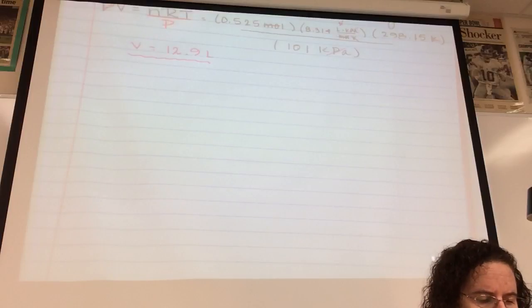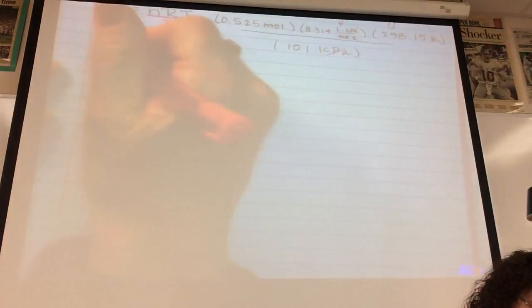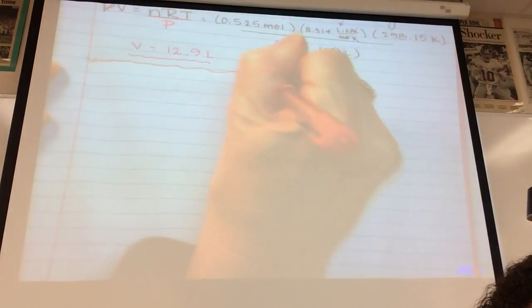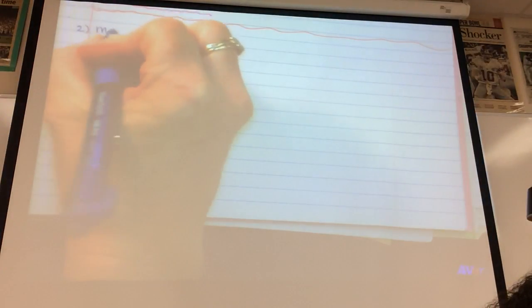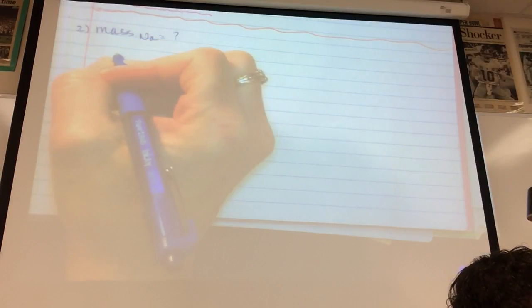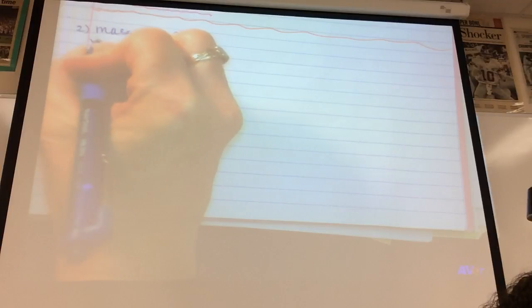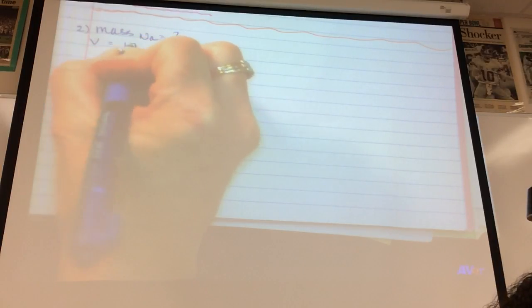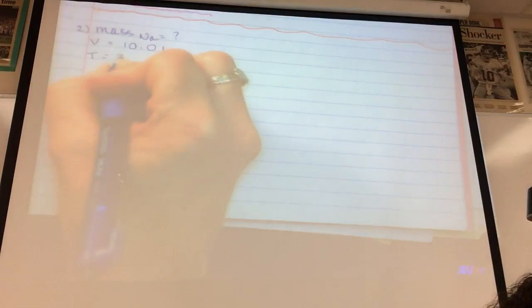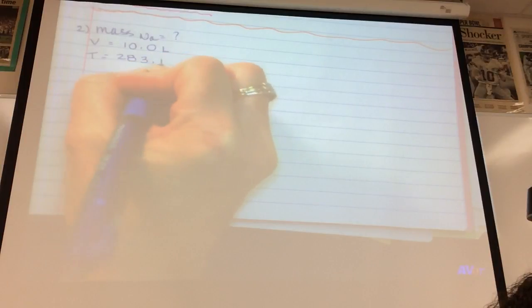So in this second problem, I'm really going to break it down in the same regard because I want to make sure that you know how to approach it. So what I've got here is I want to know the mass of sodium. The volume of hydrogen gas is 10 liters. The temperature is 283.15 Kelvin.